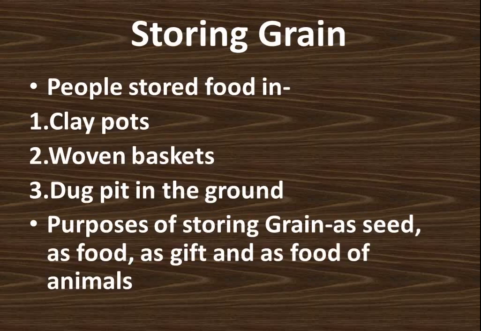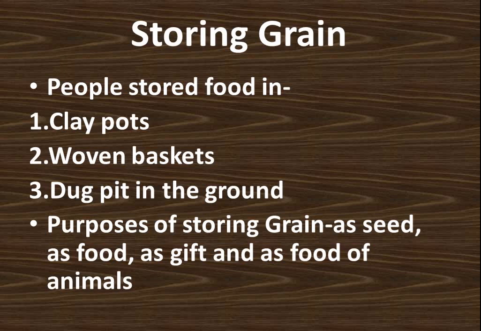The next topic is storing grain. When they started growing their own crops, obviously they had surplus grain, extra after using it, so they started storing that grain. Where did the people store the grain?